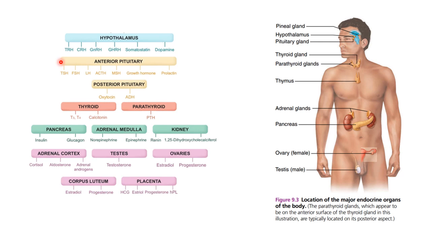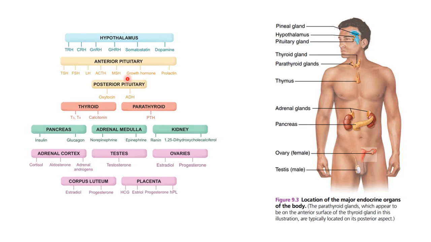The anterior pituitary gland, on the other hand, secretes thyrotropin or thyroid stimulating hormone, follicle stimulating hormone, luteinizing hormone, and these two, the follicle stimulating hormone and luteinizing hormone, together make up your gonadotropins. It also secretes adrenocorticotropic hormone or corticotropin, melanocyte stimulating hormone, growth hormone, and prolactin.